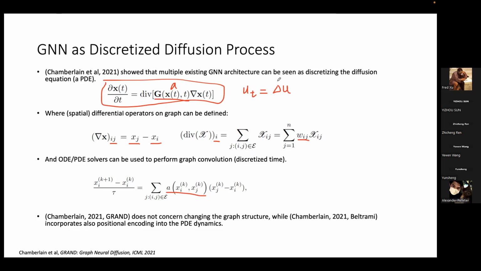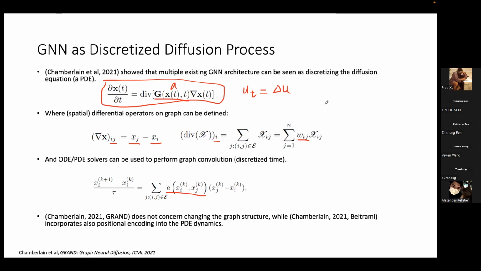I guess my question is, if we think about the diffusion process defined in an unconstrained space, for example a 2D space, you try to understand how the heat will diffuse over the space along time.